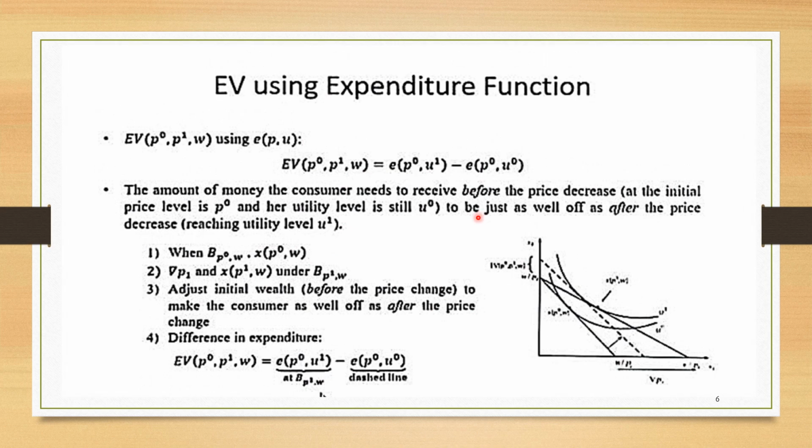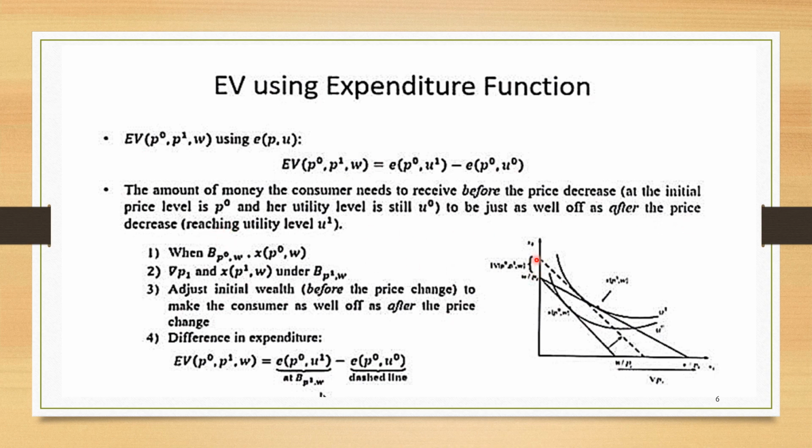In case of EV, our adjustment dashed line will be tangent to our final utility function instead of the initial utility function, because we know that EV measures the amount of money the consumer needs to receive before the price decreases, at initial price level P0, and her utility level is still U0, to be just as well off as after the price decreases.